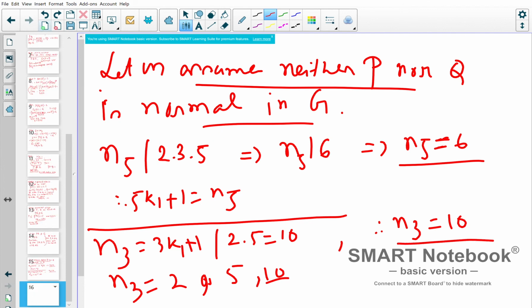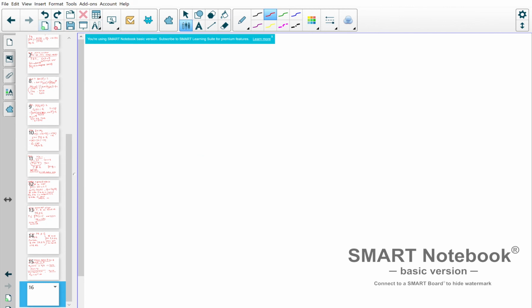Now you know that if you have a Sylow P-subgroup, then any element of order P must belong to some Sylow P-subgroup. So what does that mean?